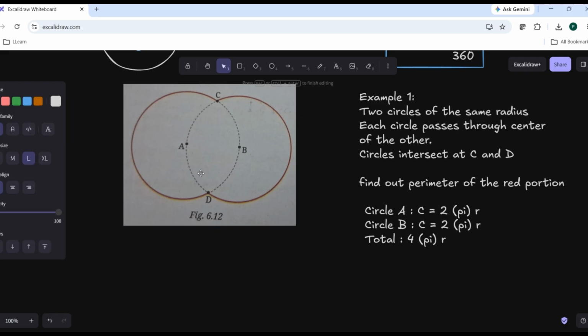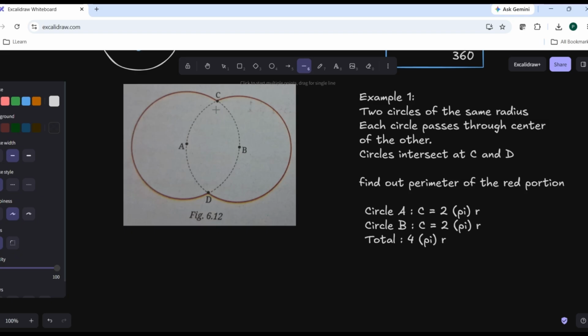What we'll do is we will draw a triangle. So first we'll join A to B. This A to B is the radius of the circle with center A. Similarly, if we see B to A, it is the radius of the circle with center B, right?